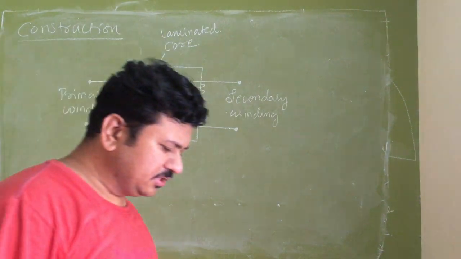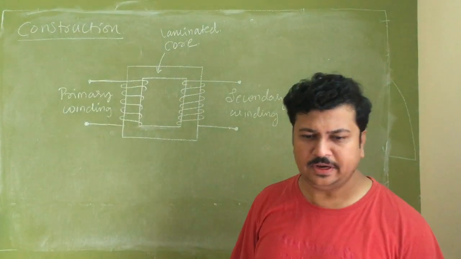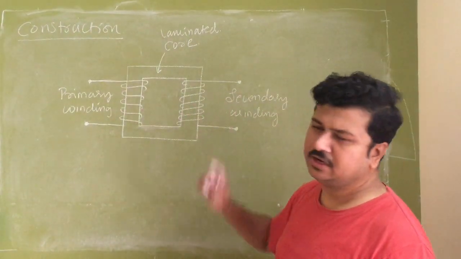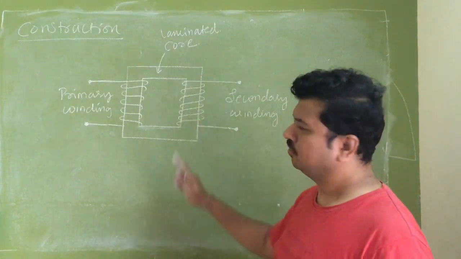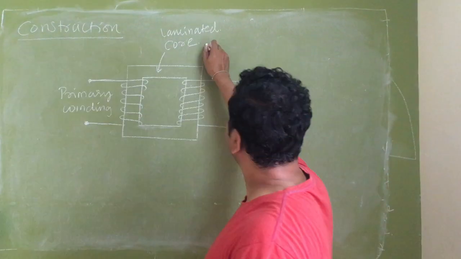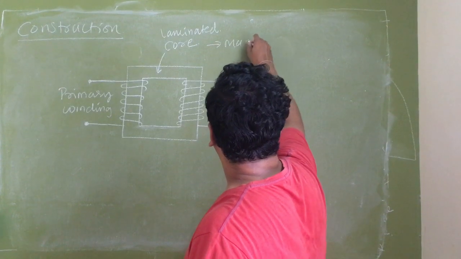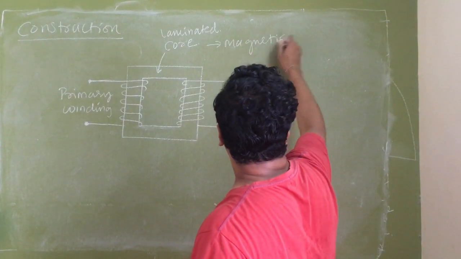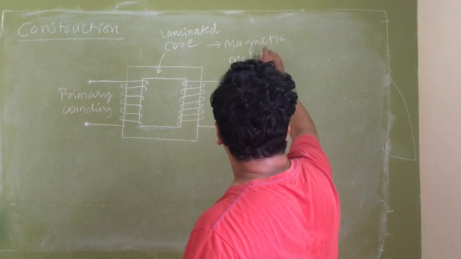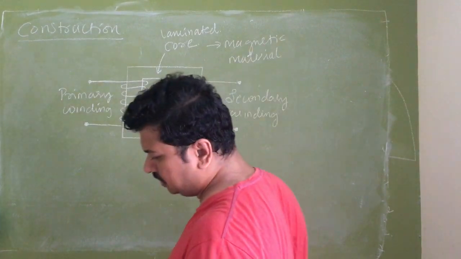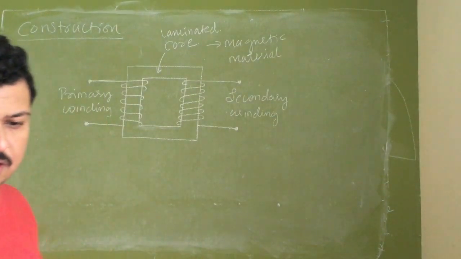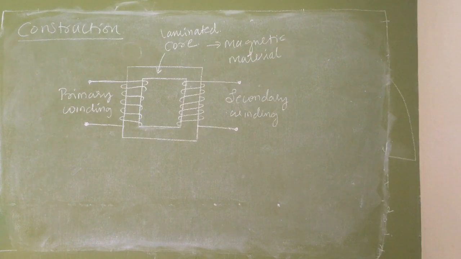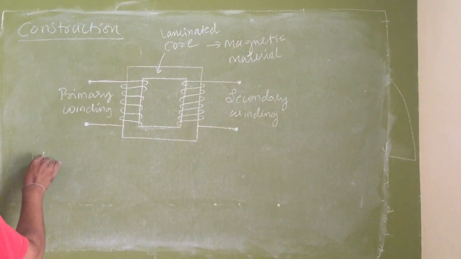So the fundamental construction of transformer is having two windings, one is primary, one is secondary, and one core, magnetic core. This core is made up of magnetic material. Okay. So first we will see winding.